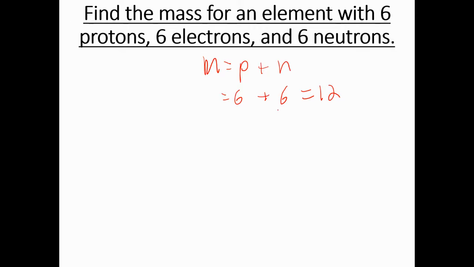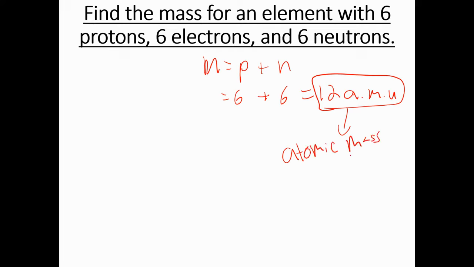And the unit is typically AMU, atomic mass units, if you're dealing with one atom. So this is the atomic mass unit, the AMU. And you wouldn't count electrons in there because they don't contribute to that mass.